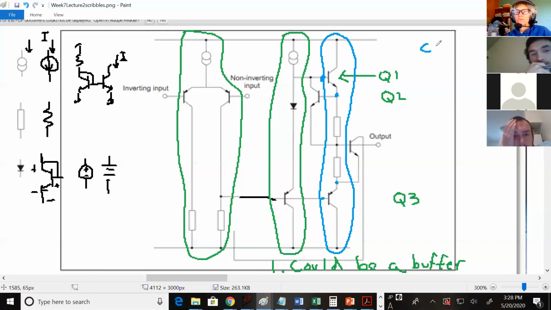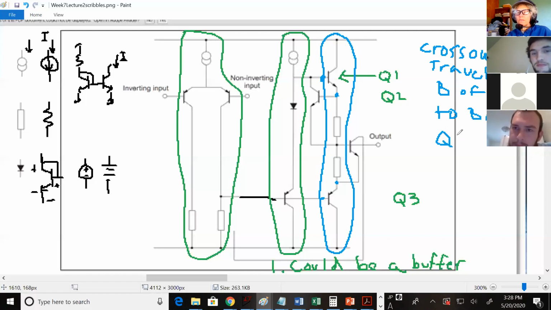If you want to get rid of crossover distortion, you travel inside, from E of Q1 to B of Q2 or Q3, and that's the voltage that you need.